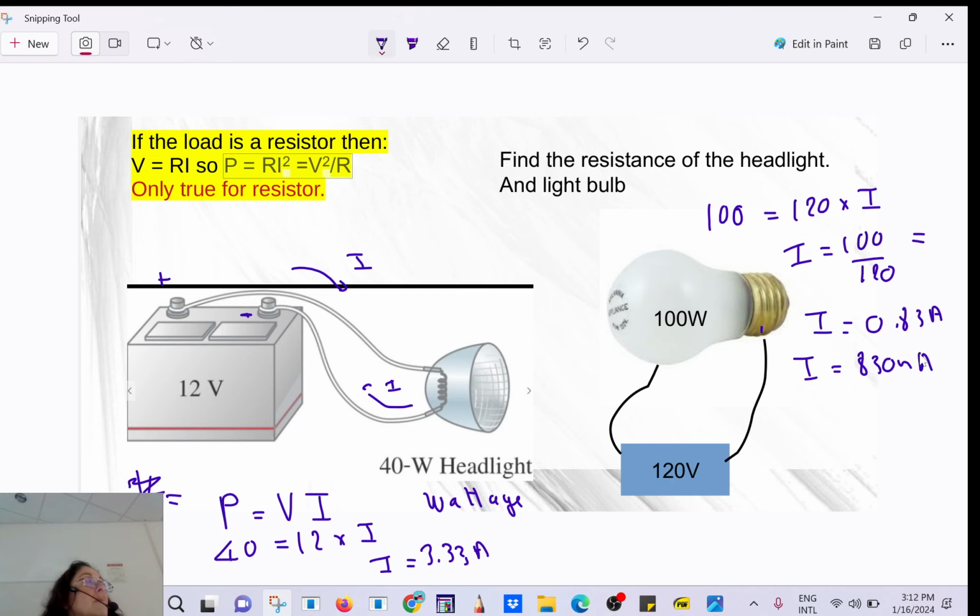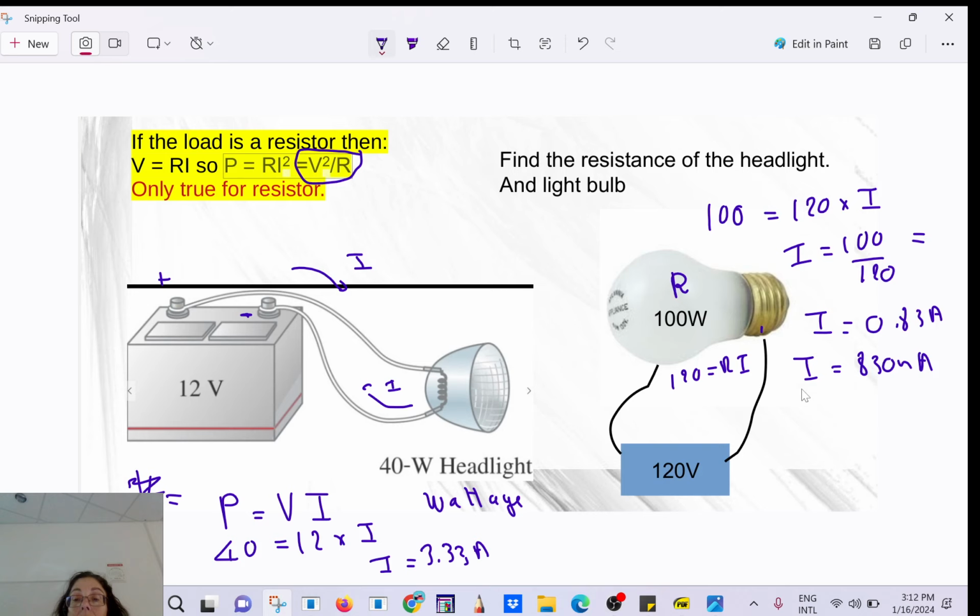Is that clear? So this one is a load with a resistance R. So if I want to find R, of course, I can use Ohm's law. Okay, I can say 120 equals R times I. Is that clear? But if I am given the power, then I can use that equation here.